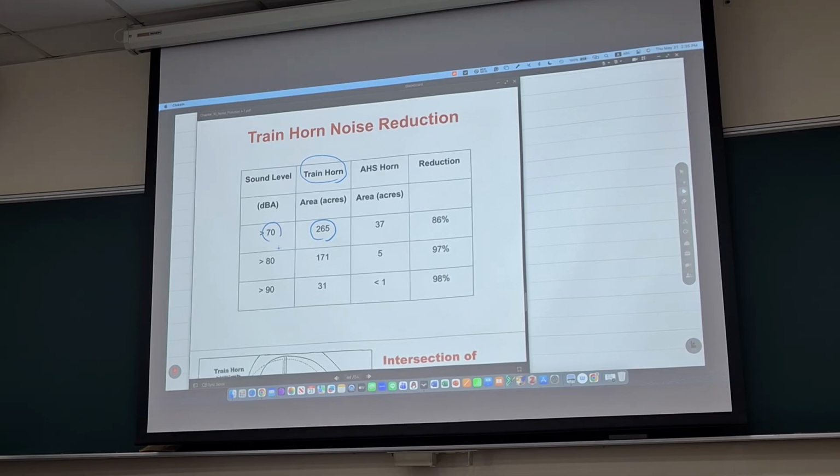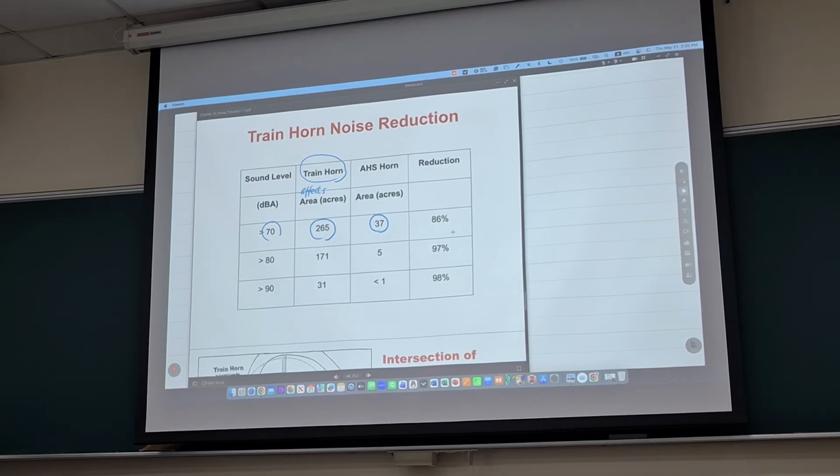So the horn will affect the areas 265 acres, okay? However, the AHS horns just affect 37. So it has 86% reduction.